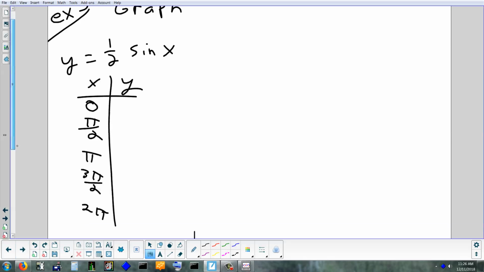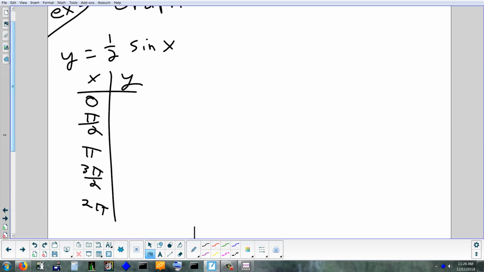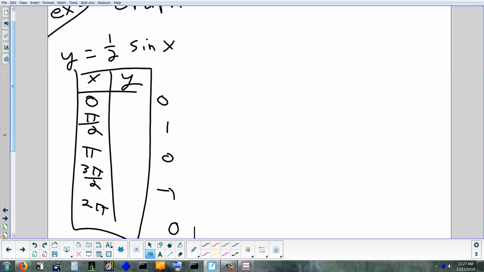For sine, 0, 1, 0, -1, and 0. Yep. So there's my original y's. And Emma, what am I going to do to all of them? Well, divide by half. Yeah, I'm going to take half of them. So 0, half, 0, -1/2, 0, and you're done.